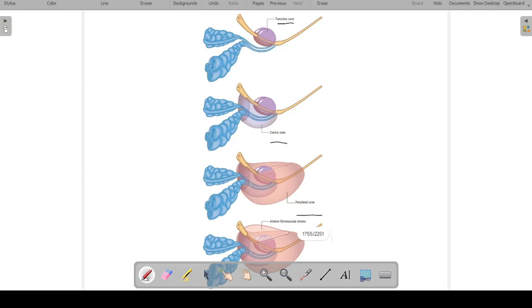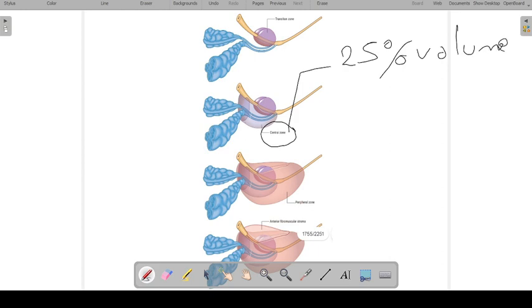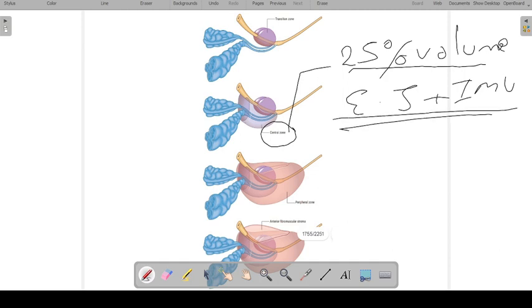Now we see the features of each zone individually. First, the central zone. It occupies 25% of the volume. It surrounds the ejaculatory ducts, posterior to the intramural part of the urethra. The intramural part of the urethra is the prostatic urethra.